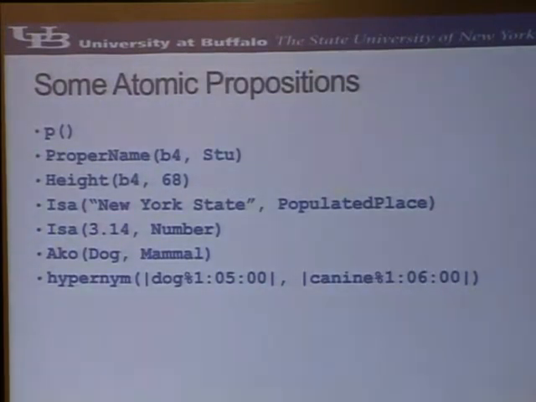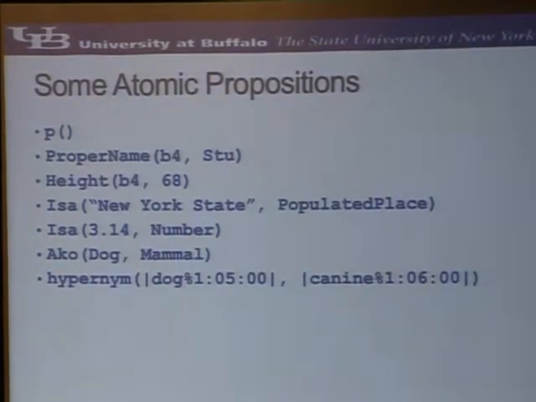Oh, by the way, I know I'm swimming against the tide, but I insist on using ISA for the instance relation rather than the subcategory relation, because it's really based on sentences like, a dog is an animal, or Fido is an animal. And somehow Ron got the community off on using ISA for the subcategory relation, which, anyway.